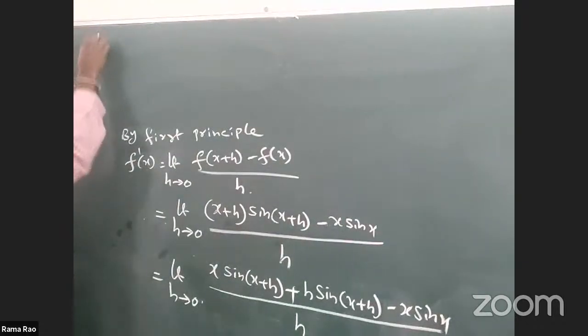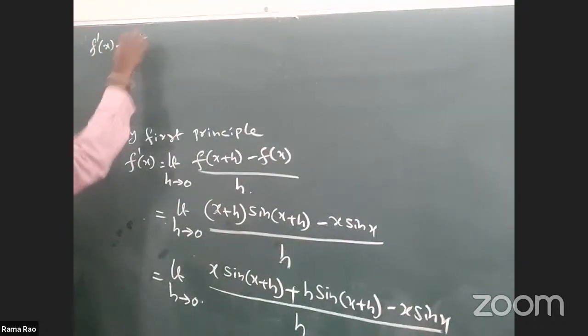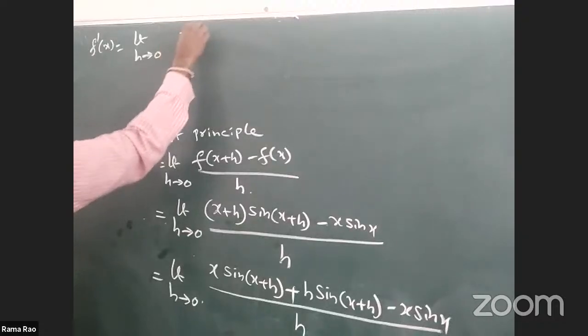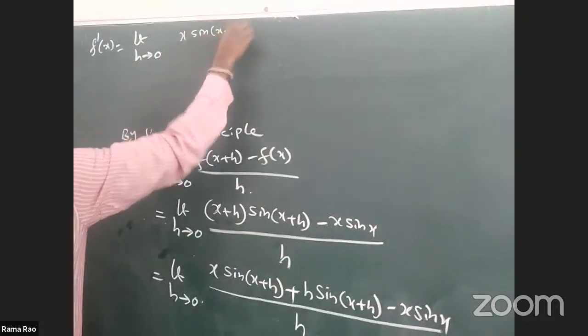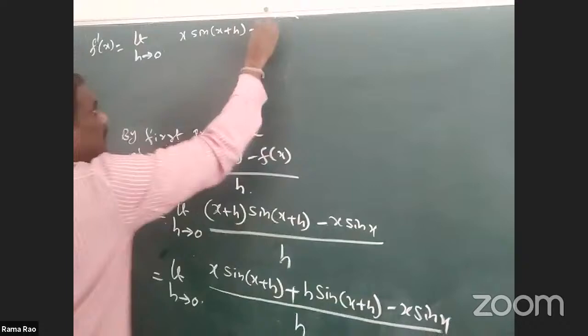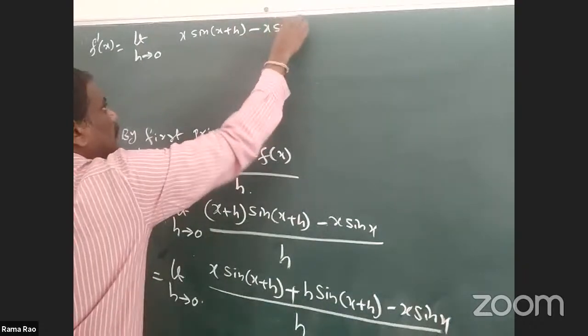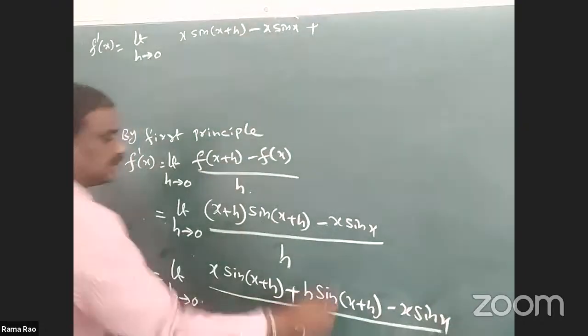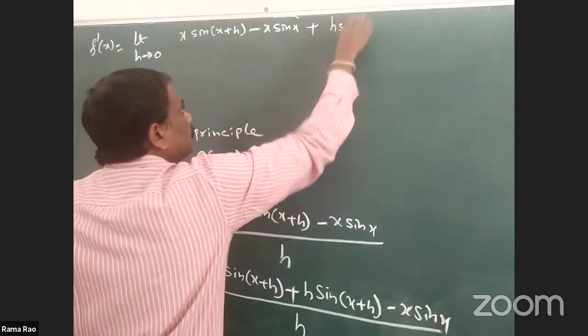Now, f dash x is equal to limit h tends to 0, x sin of x plus h minus x sin x plus h sin of x plus h, by h.